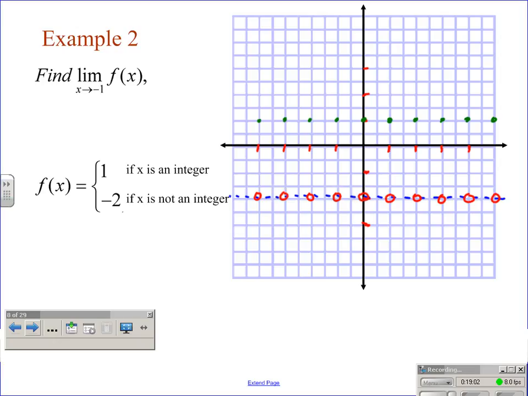And it's going to be solid where we have non-integer values. And this isn't falling right on the line y equals -2, but close enough for you to get the idea, I hope.